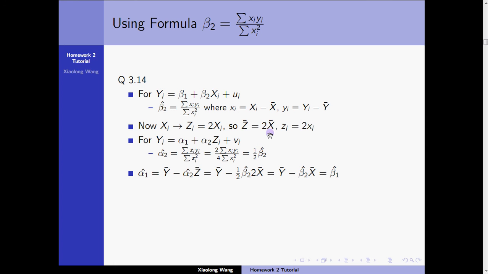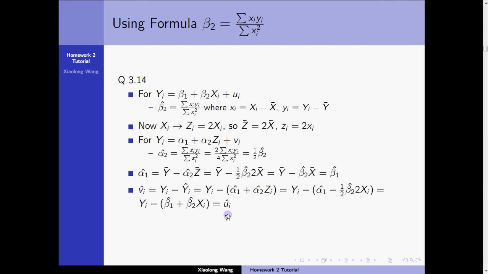If we substitute both terms here, x bar and beta 2 hat, then cancel out the 2's, we get alpha 1 hat equals y bar minus beta 2 hat times x bar, which is exactly beta 1 hat.